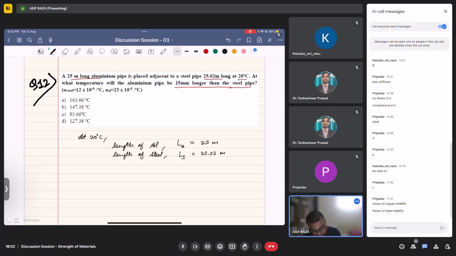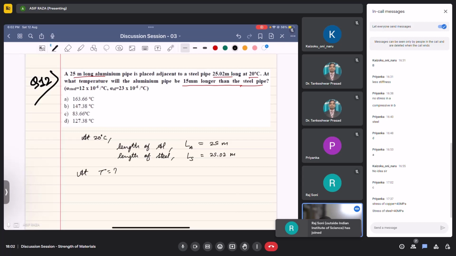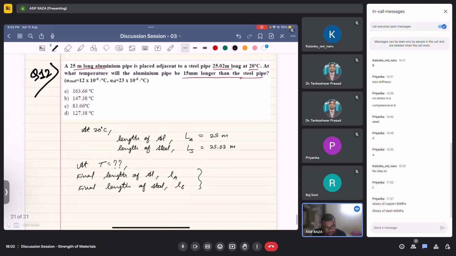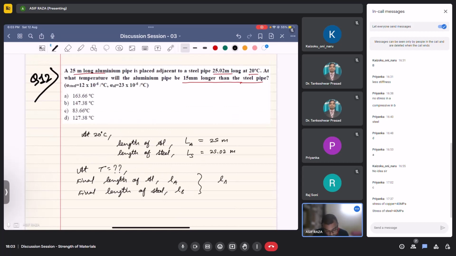Then we need to find at what temperature T the final length of aluminium LA would be equal to the final length of steel LS plus 15 mm. So this is given, we need to find the temperature.